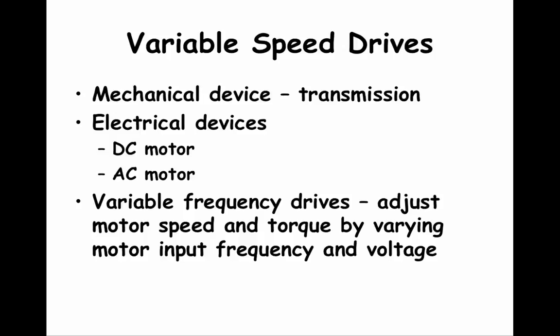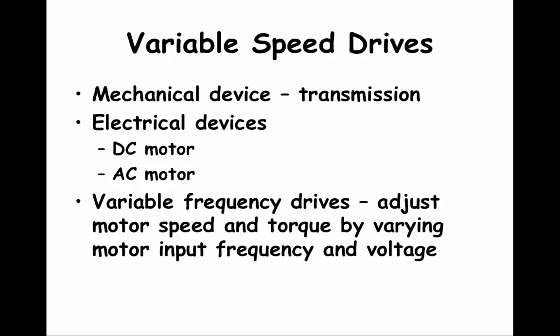Variable speed drives are important when trying to adjust the speed of a shaft on a conveyor, an auger, fan, pump, mixer, or some other devices. We are not going to get into variable speed drives very much, but I want you to be aware that they exist. Mechanical devices can be used as a variable speed drive. Various types of transmission systems can be used to change shaft speeds.